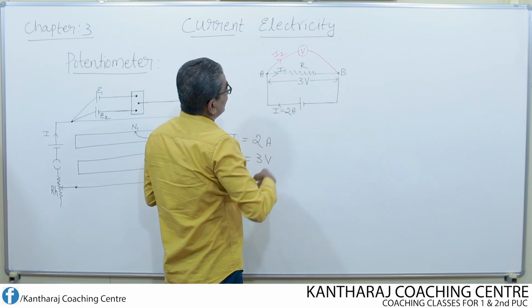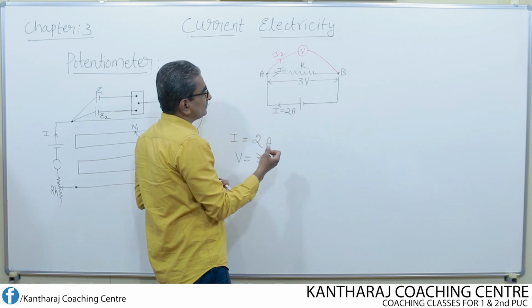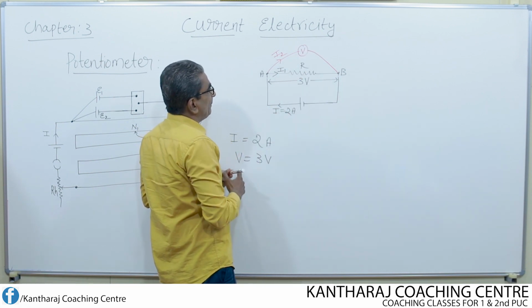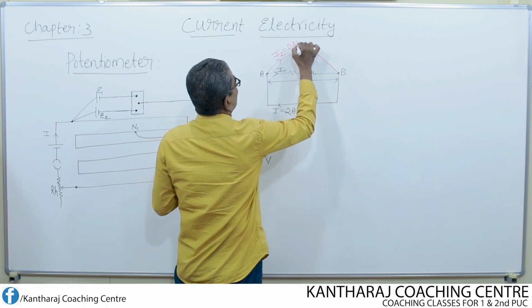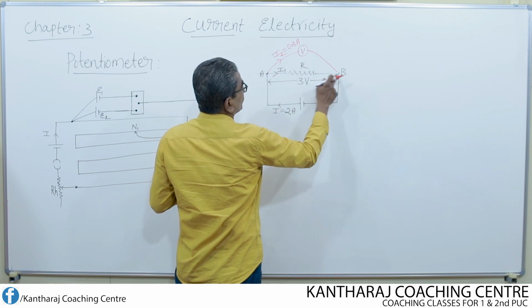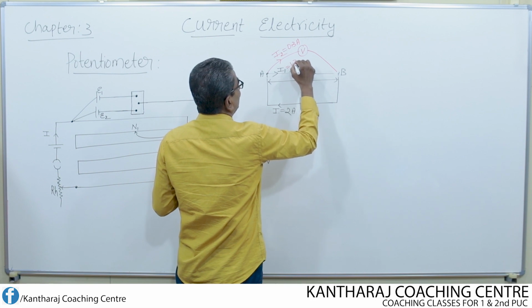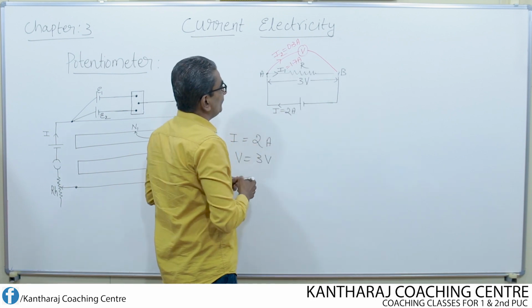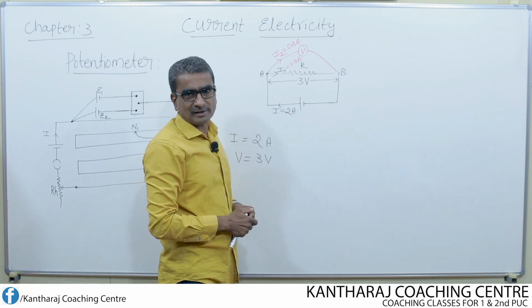Now the voltmeter is going to draw some small amount of current. Out of 2 ampere, if the voltmeter draws a current of, let us say, 0.3 ampere, then the remaining current that flows through the resistor R, that is I1, will be equal to 1.7 ampere, because 1.7 plus 0.3 becomes equal to 2 ampere.